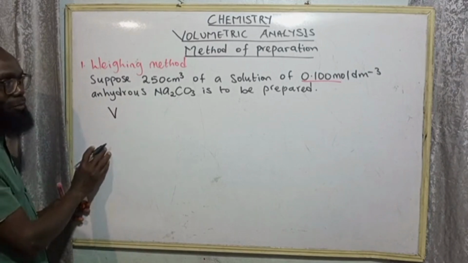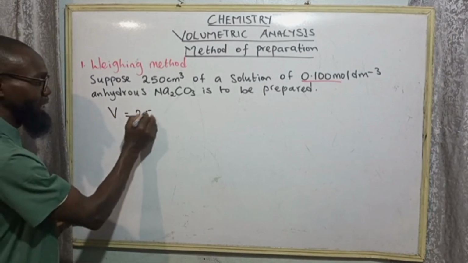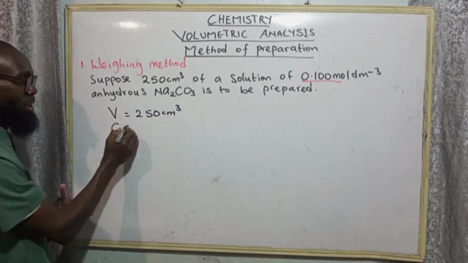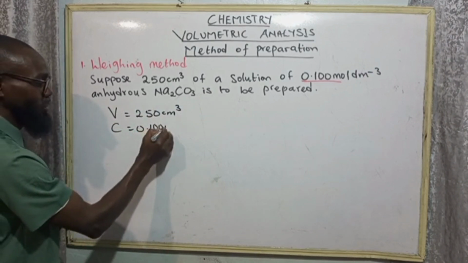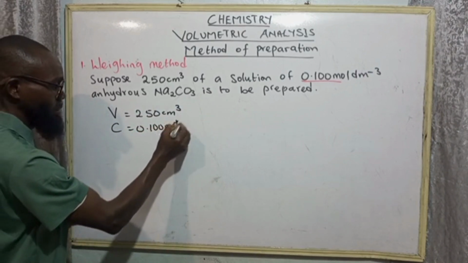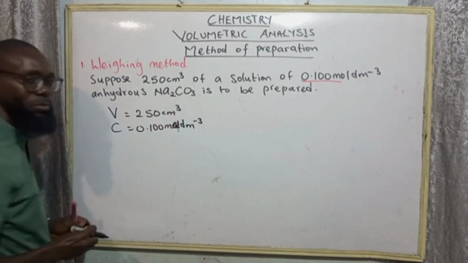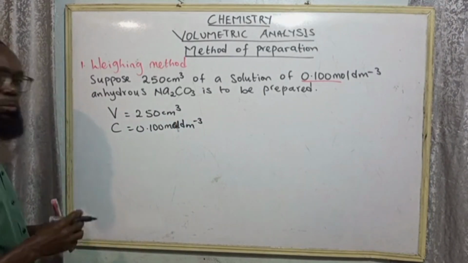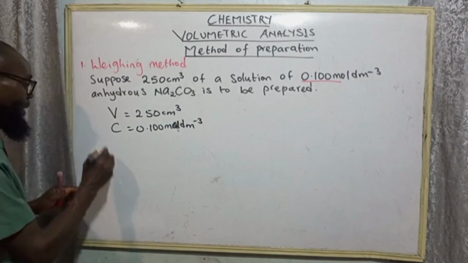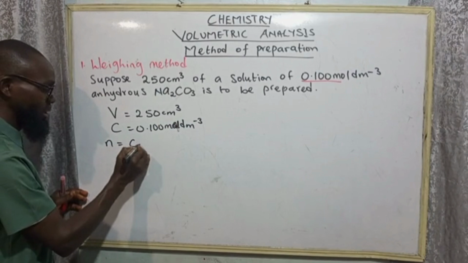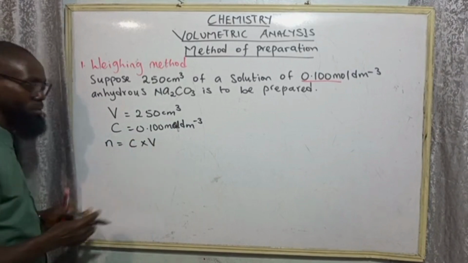We are given the volume of the solution to be 250 centimeter cube, and we are given the concentration to be 0.100 mole per dm cube. From this mole concept, our number of mole is going to be equal to concentration times volume.